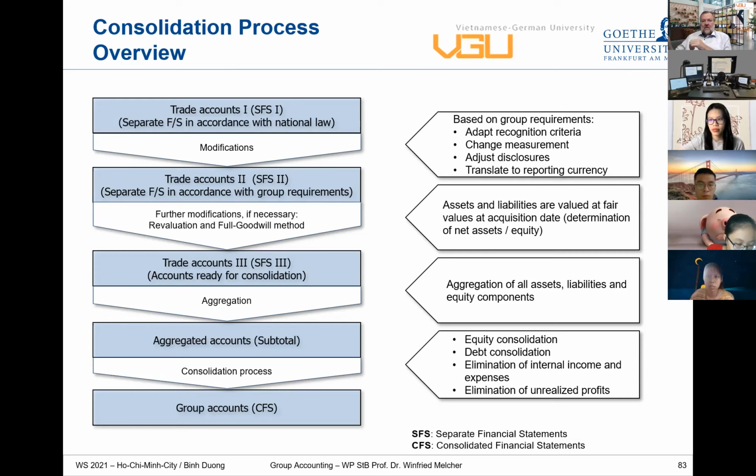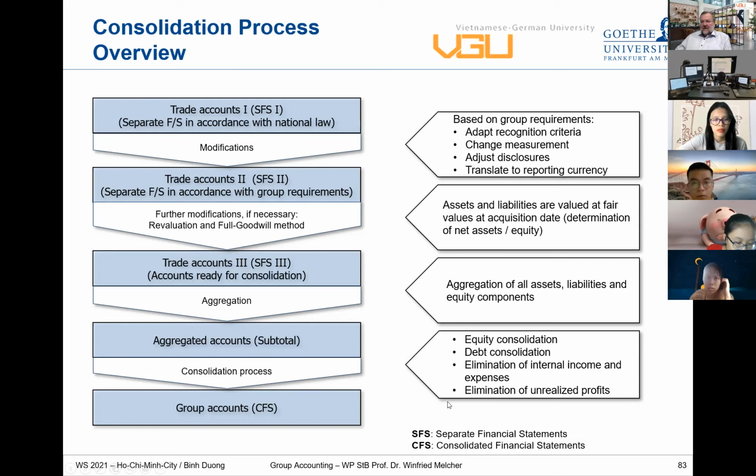When you go into the group, what you have done is you have sold from your right pocket to your left pocket. So you have sold something within the group, and you should not show profit on this transaction. Okay, and therefore you will eliminate that unrealized profit that is sitting in the inventory of the buyer within that group.